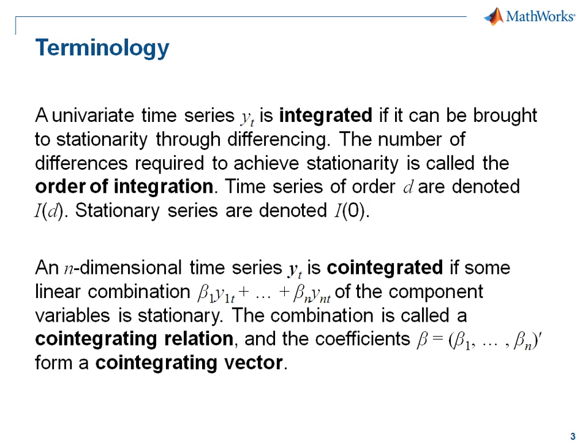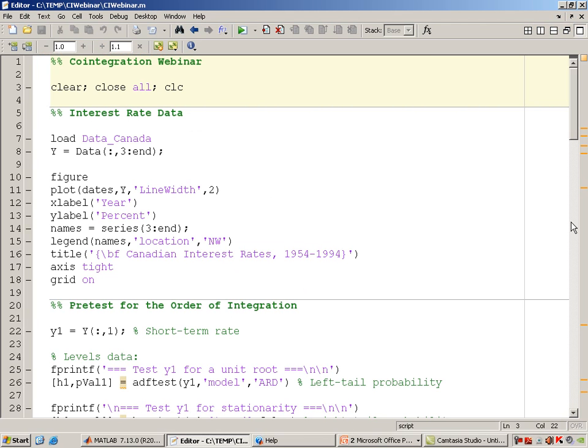So let's take a look at this data in Matlab. I've got a script here that we'll have available on Matlab Central. We have this Canadian data that ships in the Econometrics Toolbox. You can load it up, and we'll just peel off the last three variables, the last three columns of the data.